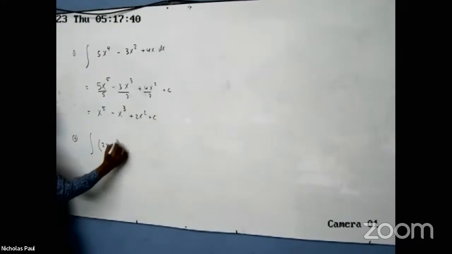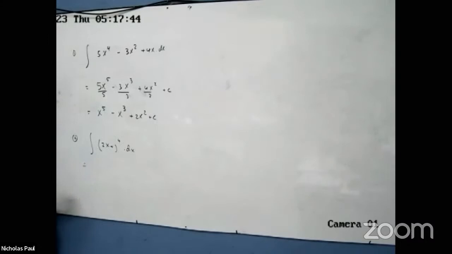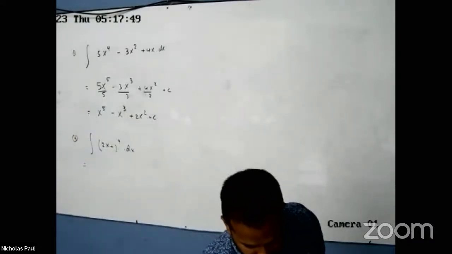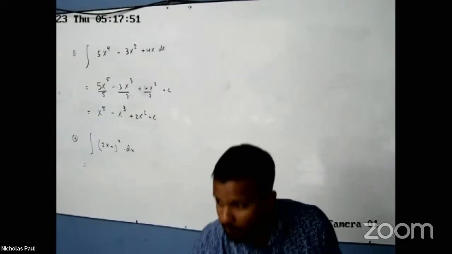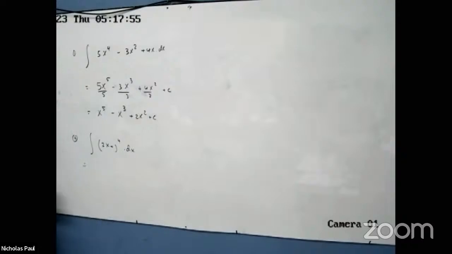2x plus 1 all to the power of 4. How do we integrate things like this? I will start again. Add 1 to the power.